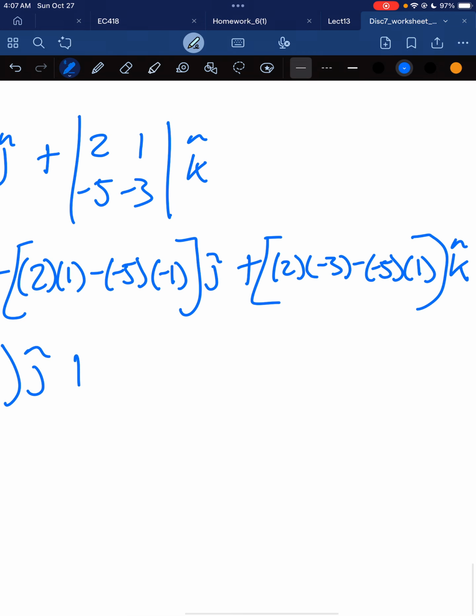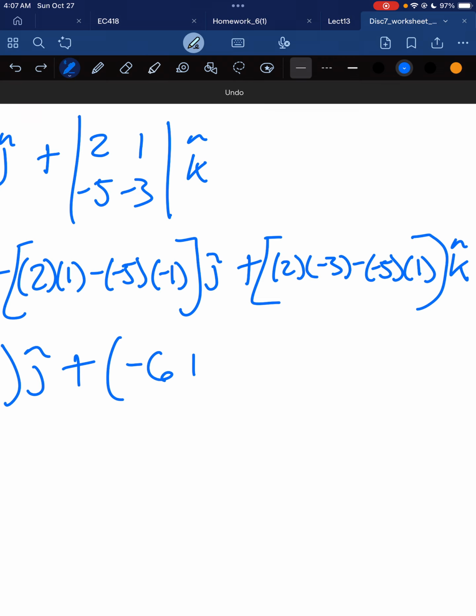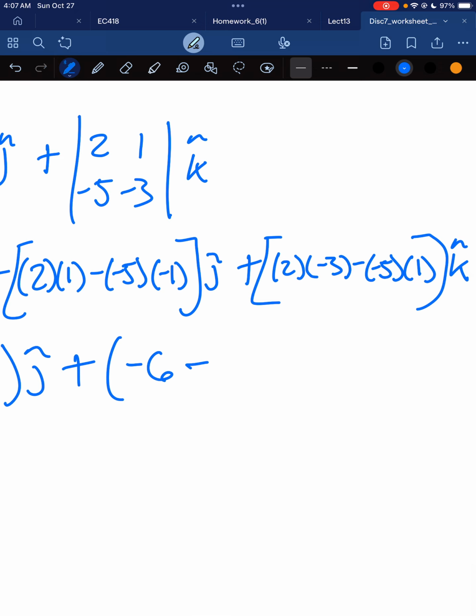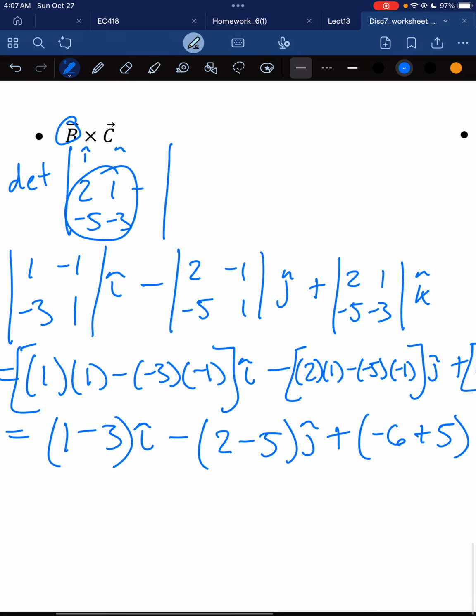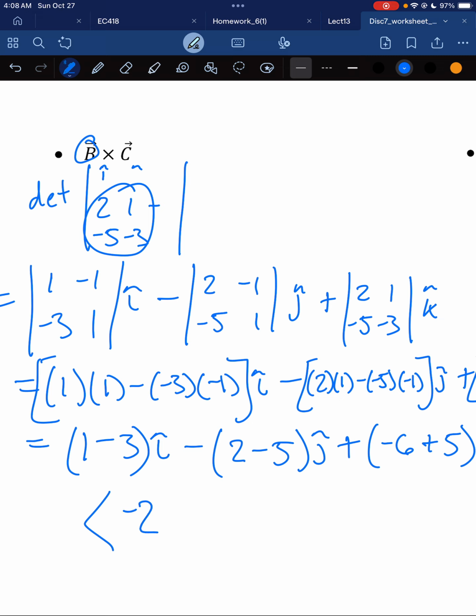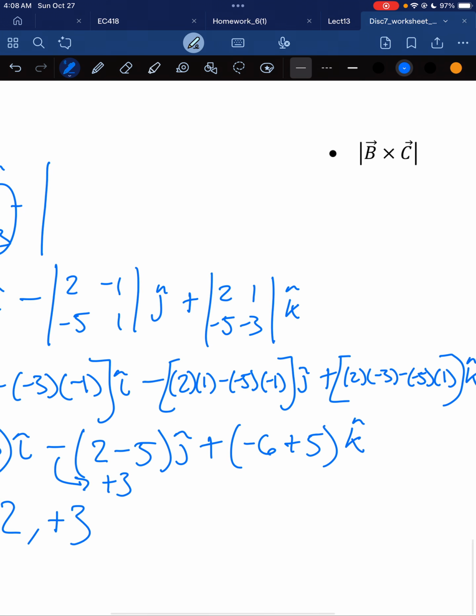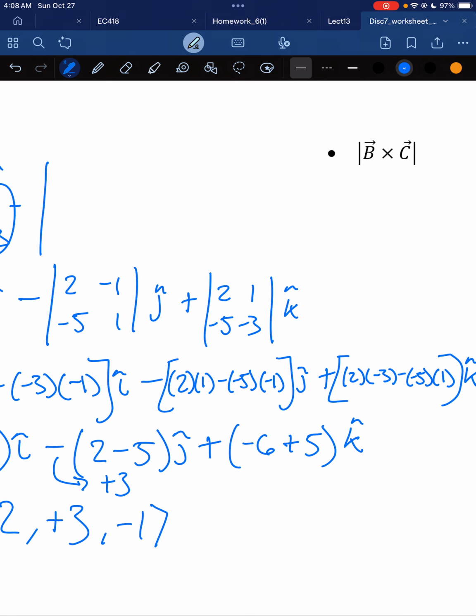And then for k, it's going to be 2 times -3, so that's -6, minus -5 times 1, that's -5, but we're subtracting a negative, so that's actually +5 for my k hat component. And so we get -2 for our i component, -5, right, but we have a negative in front here, so it's going to become +5 for my j component, and then -6 plus 5 is just -1 for my k component.